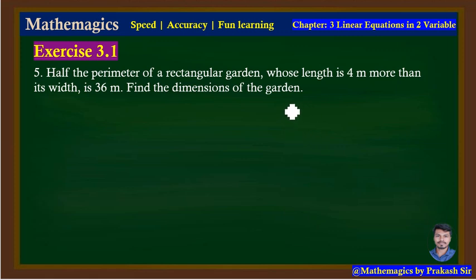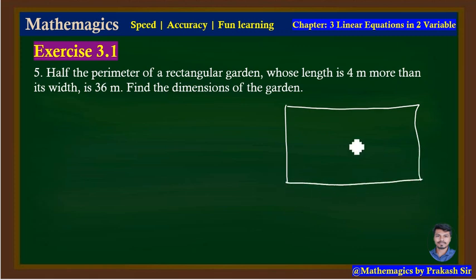So obviously here we are going to prepare one garden which is rectangular, whose length is 4 more than its width. It means the length is 4 more than the width. So let us consider that the length is equal to x and breadth, which is also called width, let us consider it as y.